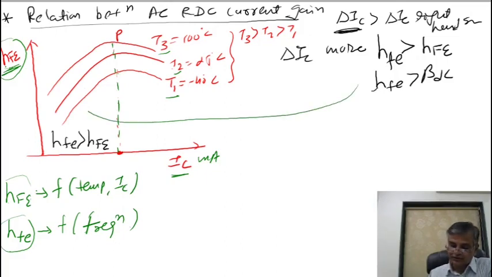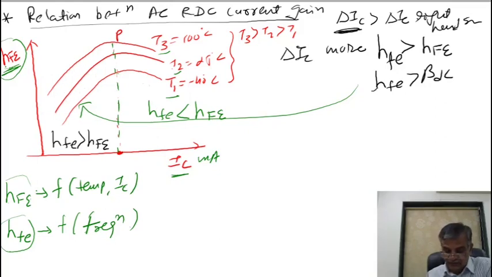Now, on this side, you can see the variation in collector current is less. So AC current gain is less than the DC current gain. Here DC current gain is more; there AC current gain is more.